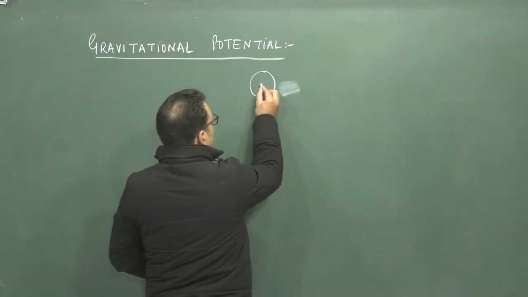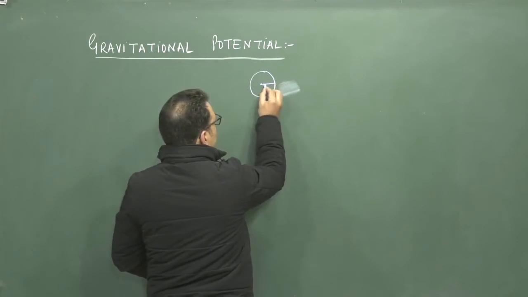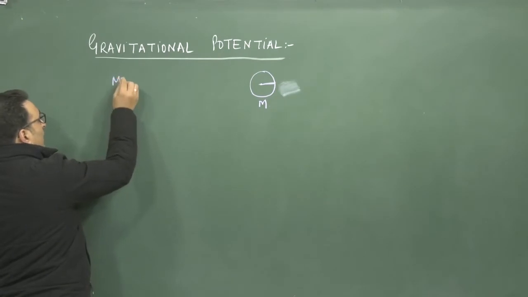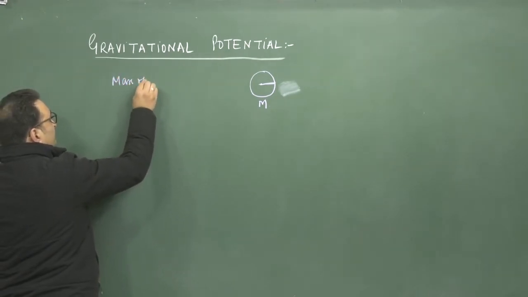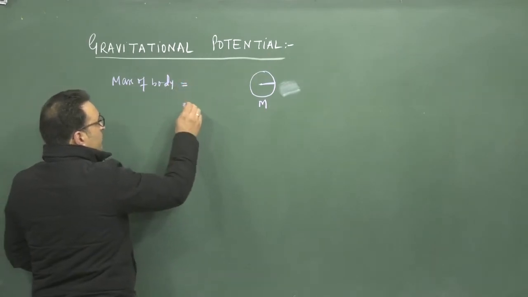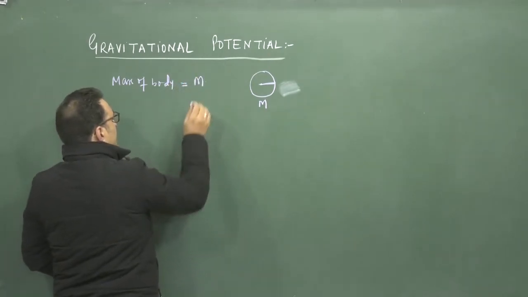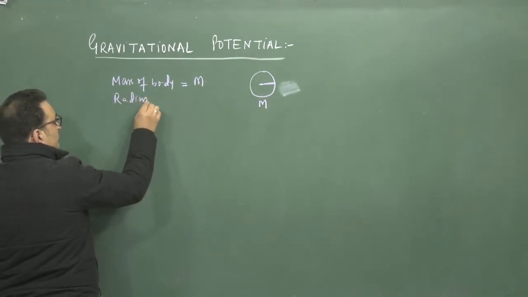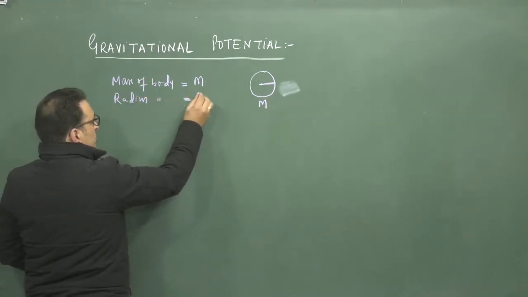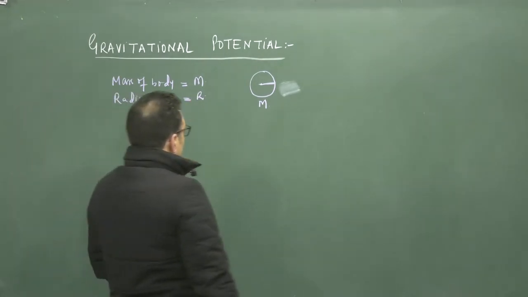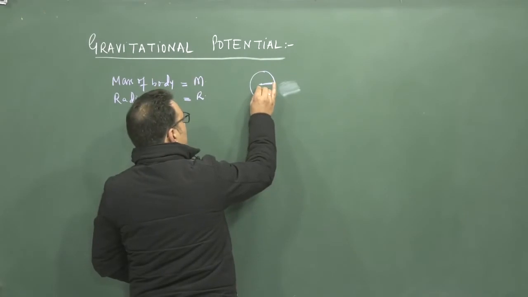Now this body has a radius. The mass of the body is capital M and its radius is capital R. Now let its center be O.